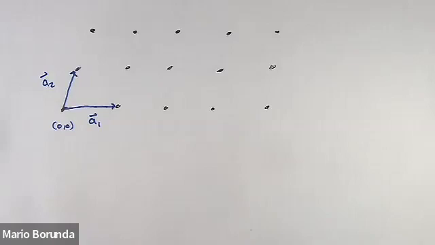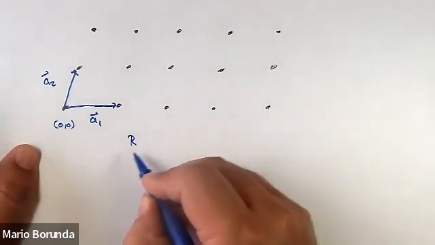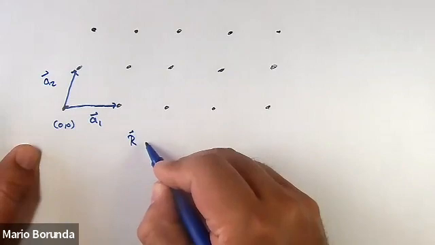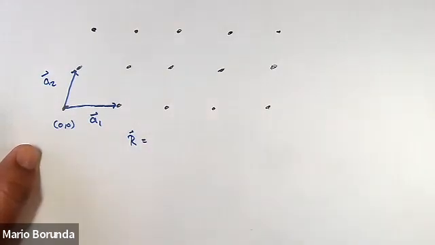To define this new thing, I have these vectors A1 and A2, right? So any point in real space can be designated by my A1 and A2.